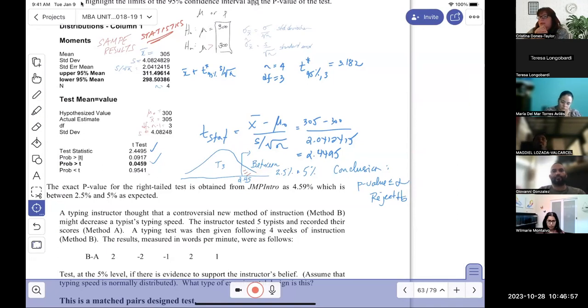So it's more accurate, and it's not going to fall in the rejection region. Like I said last class, if you reject with a two-tailed test, you're going to reject with a one-tailed test, because you have to be far in the tail. But it's not necessarily the case the other way around. If you fail to reject on a two-tailed test, you could still get rejection on the one-tailed test. And that's what happened here.